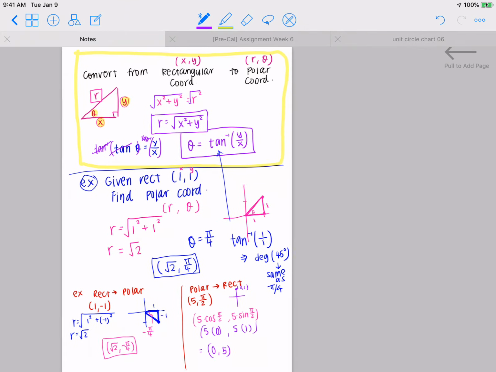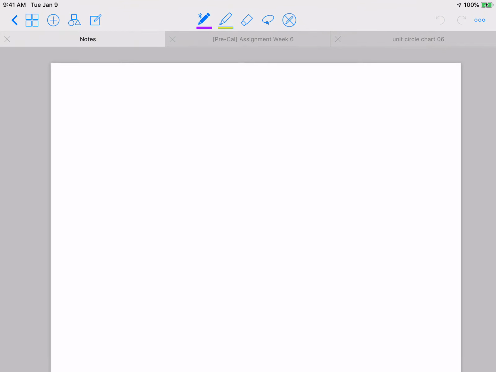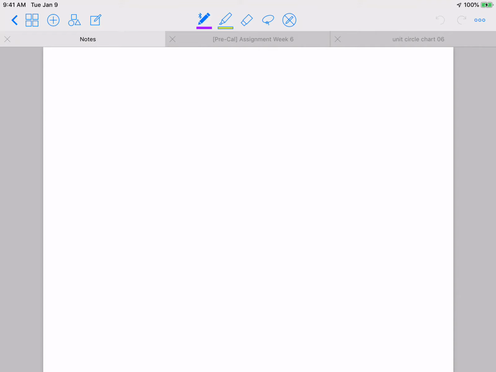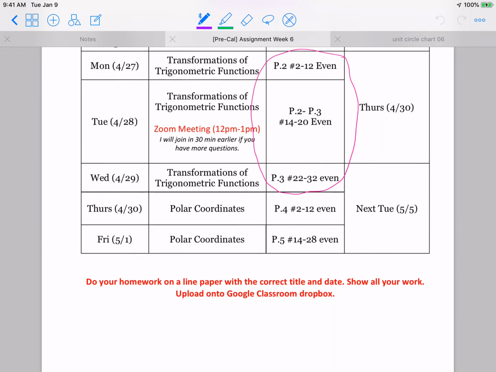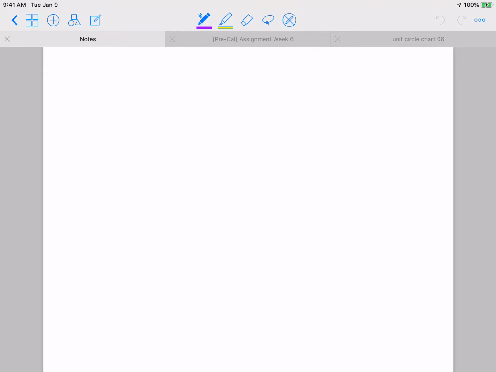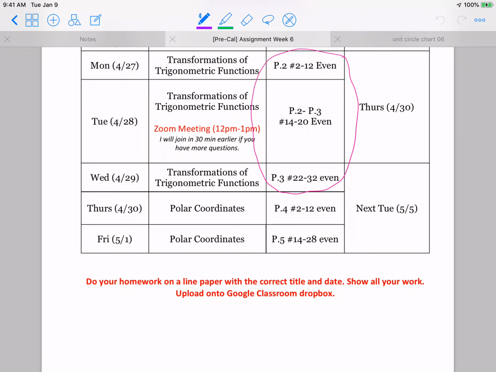Okay, I'm gonna show you 4 of your homework questions. Let me see. On Thursday, you're doing from 2 to 12 even, so I'll do 2 questions from there. From Friday, you're doing 14 to 28, and actually I will do 3 from there. Okay, so let's look at number 4.